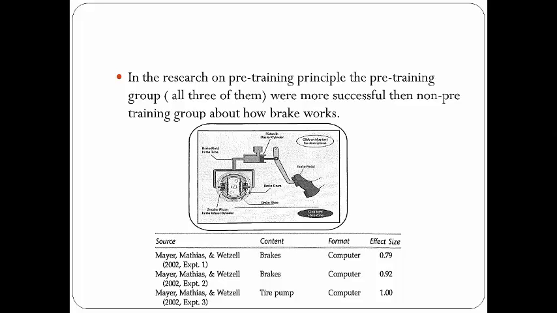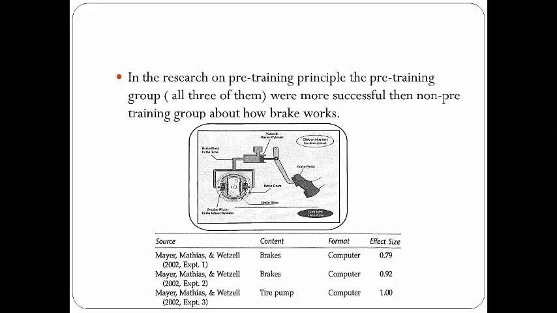In the research on the pre-training principle, all three of the pre-training groups were more successful than the no pre-training group on how brakes work. So as you can see, people tried this, and they learn more effectively when pre-training is done.